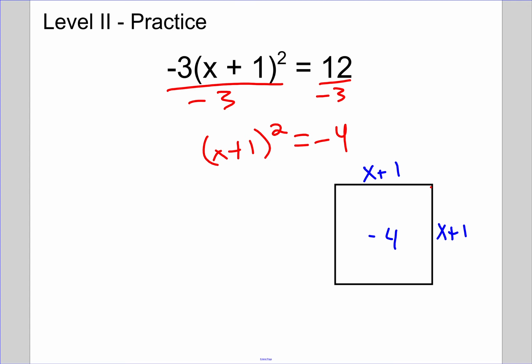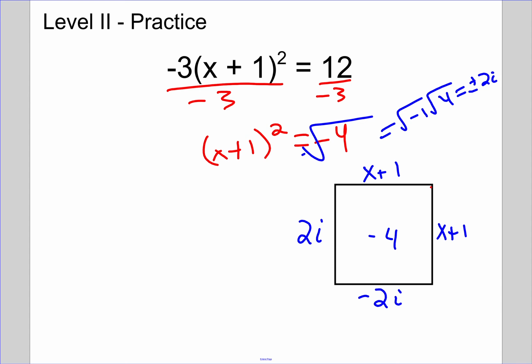So we've got two numbers that multiply by themselves to give us negative 4. That's an imaginary number. We're looking at the square root of negative 4, which is going to give us positive 2i and negative 2i. If you're not up on your imaginary numbers, you want to take a look at a video about that.